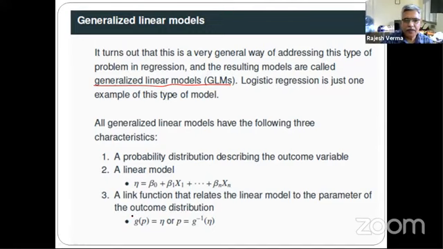In a generalized linear model, we have a probability distribution describing the outcome variable, and then we have a linear model. And we also have a link function that links this probability distribution with the linear model.